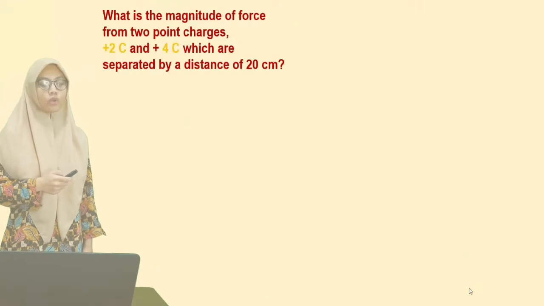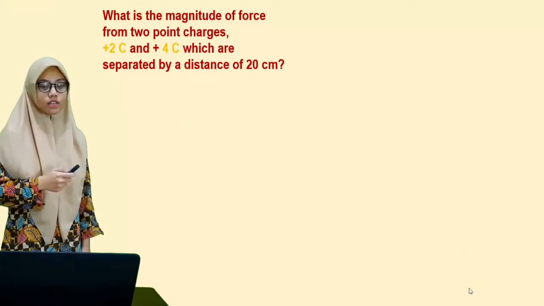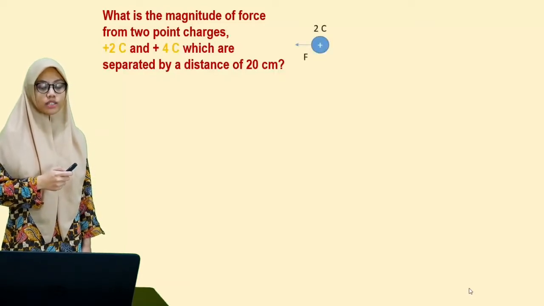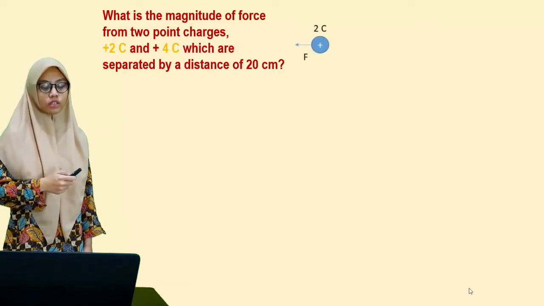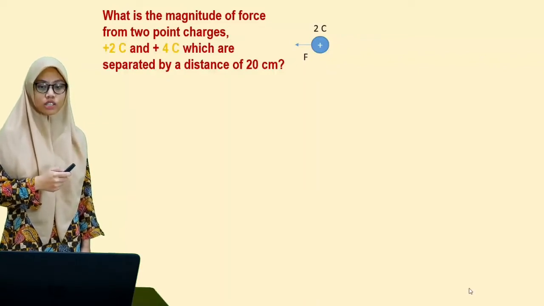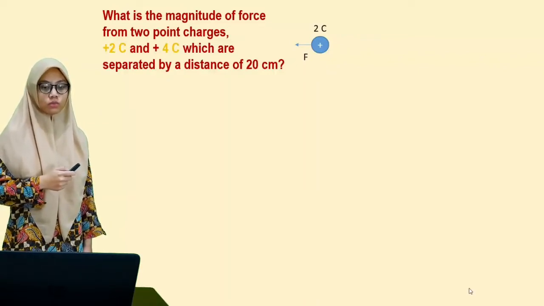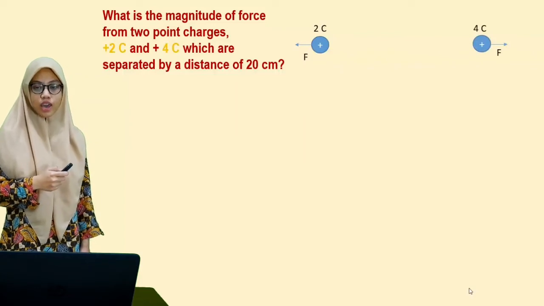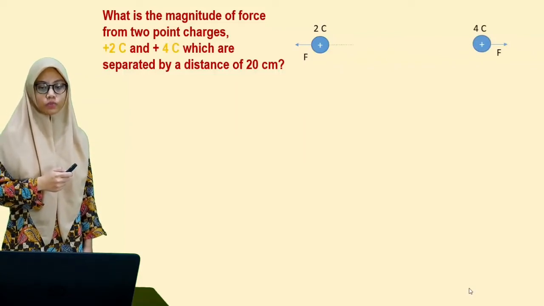Let's check this out. Okay, I will write the question more. And this is the picture about the question. The first thing has charge 2 Coulomb, and the second thing has charge 4 Coulomb.